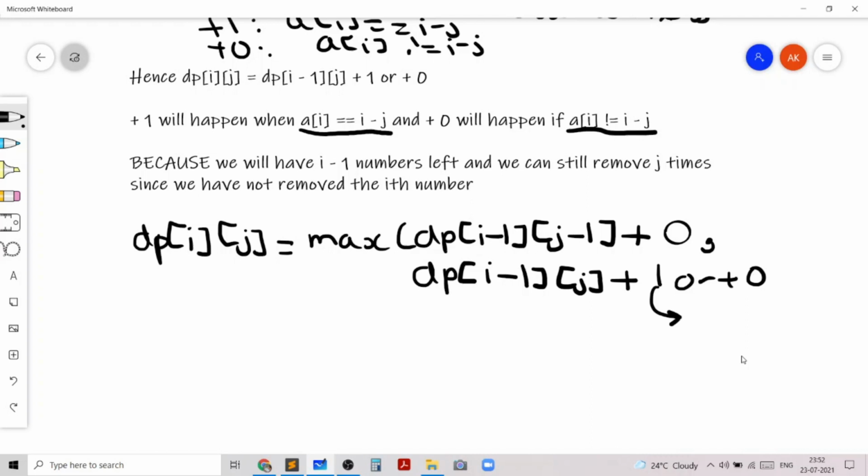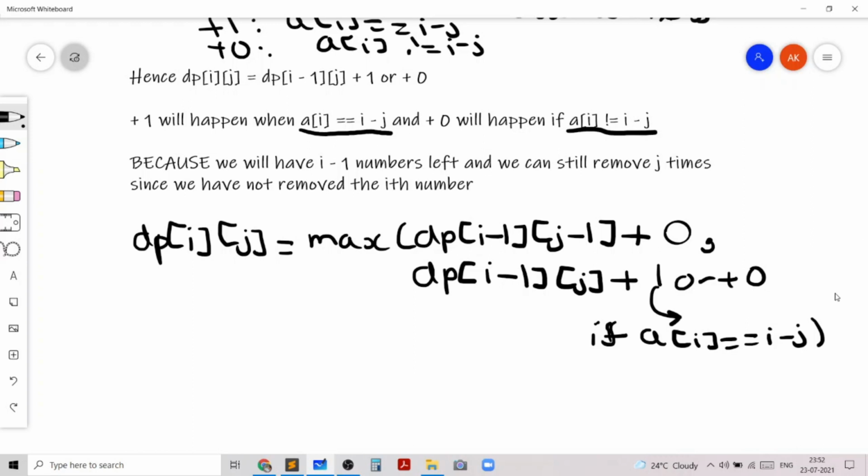Plus 1 will happen in the case if a_i is equal to i minus j. So that's our entire logic. That's our DP state, why we found the DP state, then our base case, and then our transition.